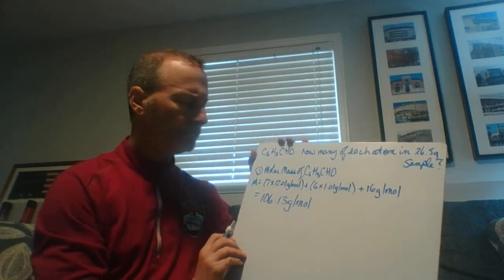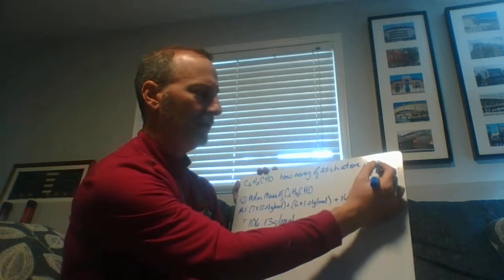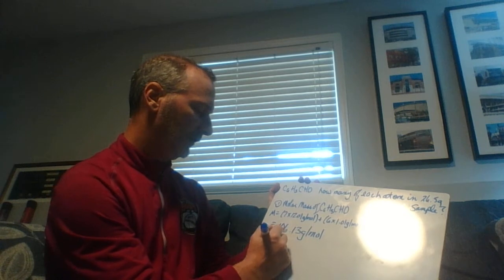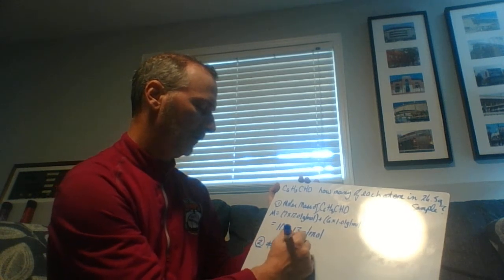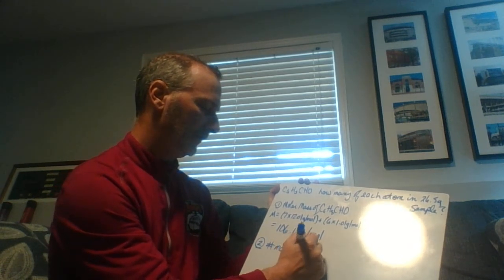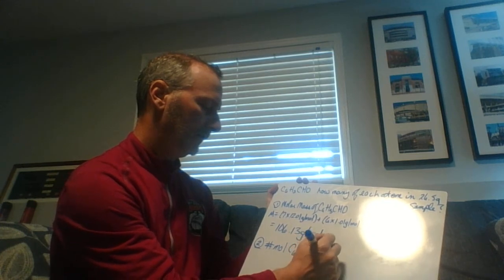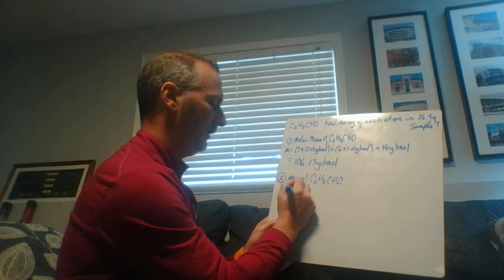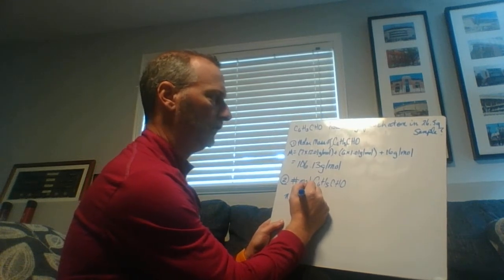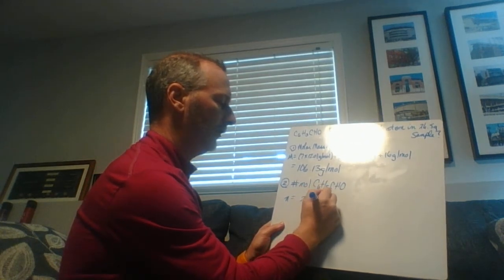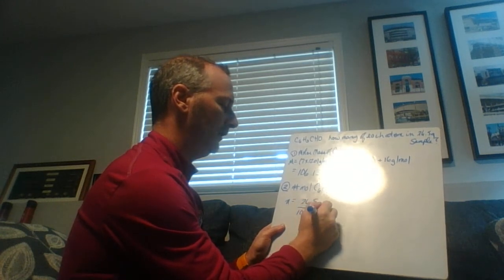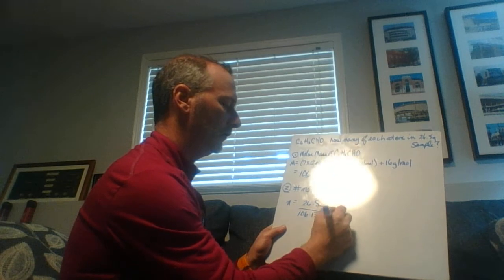Okay, so I've got my step 1 title. Perfect. Okay, from there, now that I know my mass and my molar mass, the second thing I can do is find the number of moles of C6H5CHO. Oops, sorry, almost lost the board there. And n equals the mass, which is 26.5 grams, divided by 106.13 grams per mole.